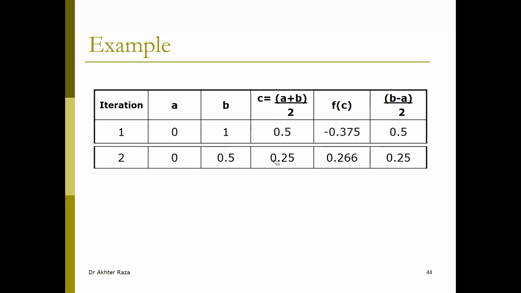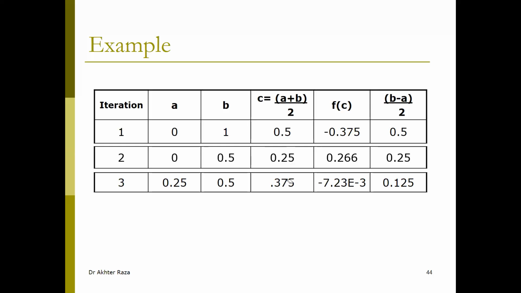The new value is calculated by C. Now we have to check F0 and F0.5. If it is negative, it means the root exists within this interval, and the value is 0.25. And so on. Next time, the value of C is 0.375.